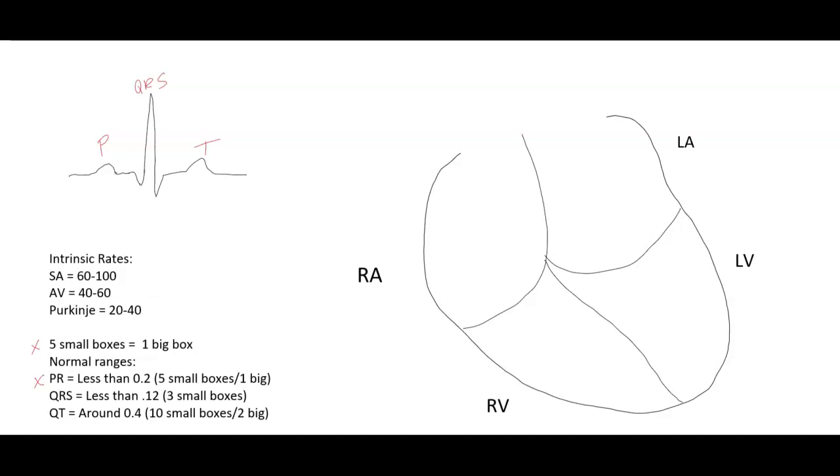And then we will sometimes hear about the QT interval. Just so you know, that's going to be around 0.4, about 10 small boxes, give or take a few there. With that, we need to look at, is it fast or slow? Is it regular or irregular?